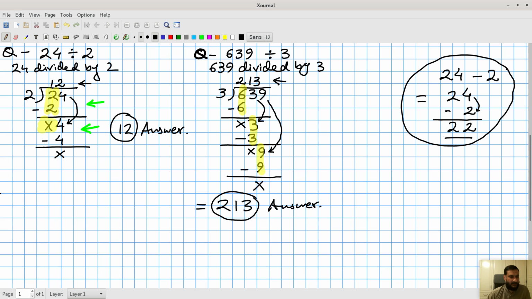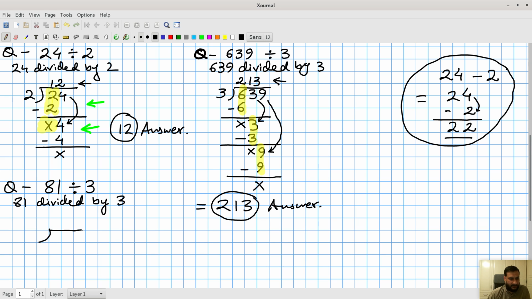Let's do another question, right? Let's say 81 divided by 3, right? So we write it like so, 81 divided by 3. And how do we do that?